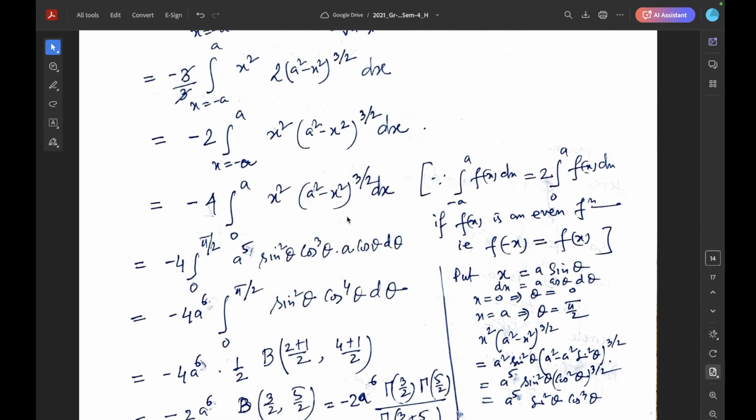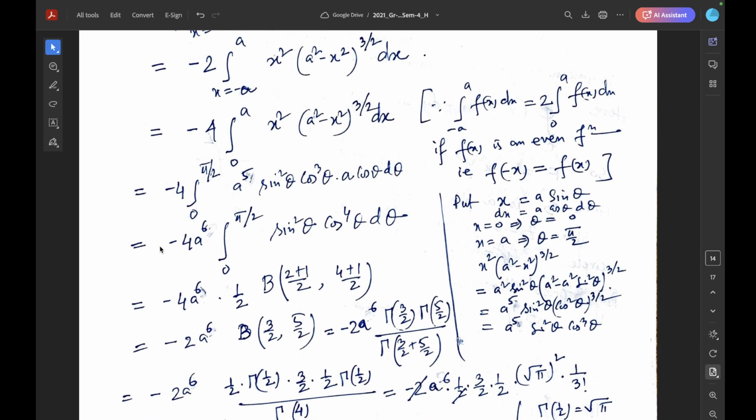Putting x equal to a sin theta, the limits become 0 to pi by 2, with a to the power 5 sin square theta cos cube theta, and for dx we have a cos theta d theta. This equals minus 4 a to the power 6 times the integration 0 to pi by 2 of sin square theta cos to the power 4 theta d theta.